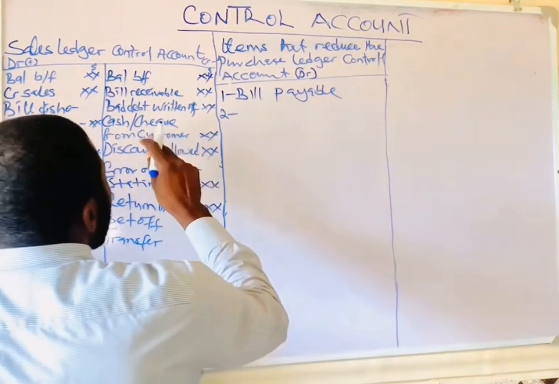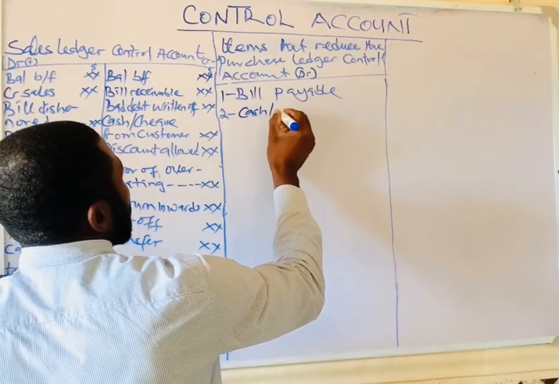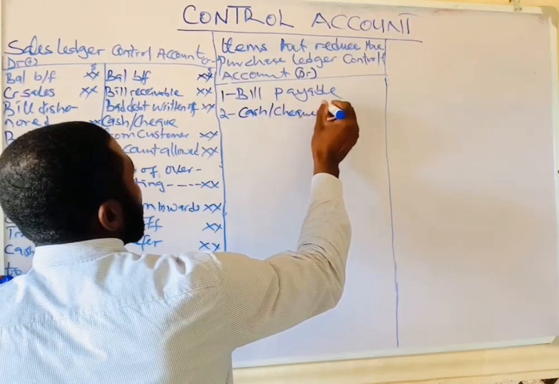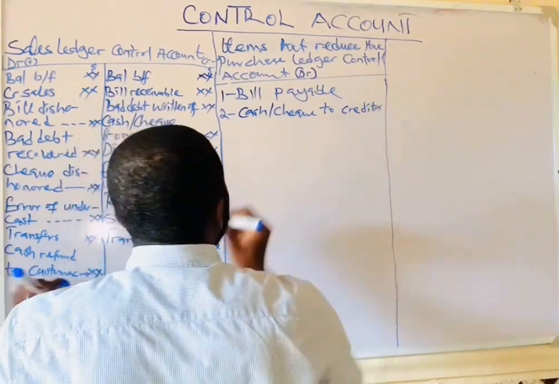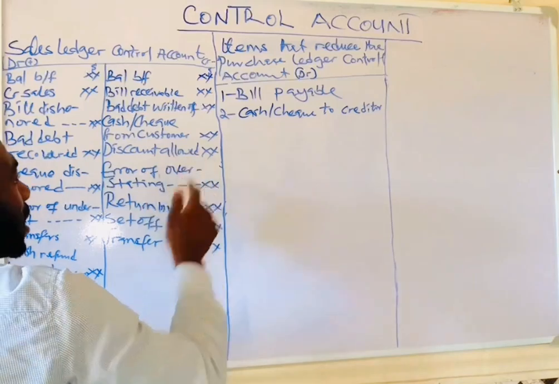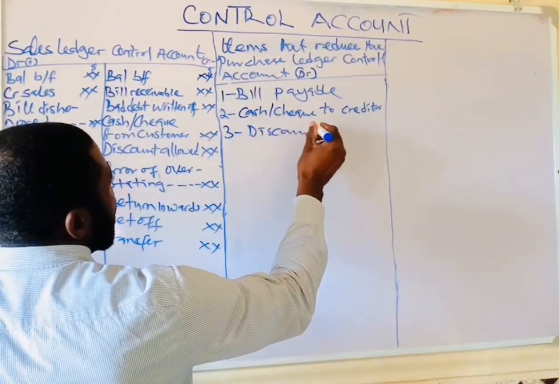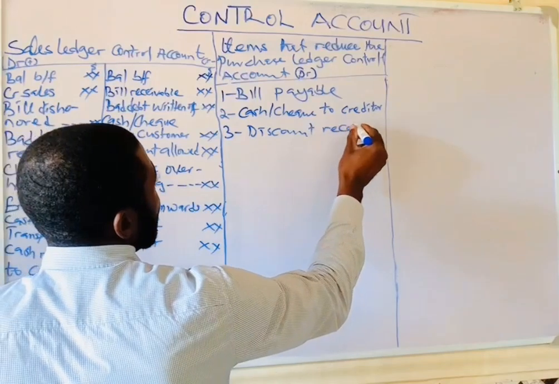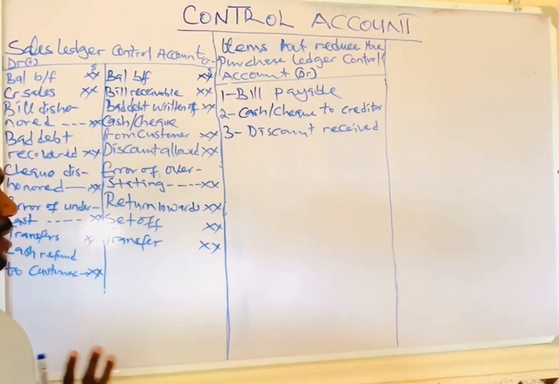The next will be cash or check to creditors. I hope you are getting it. It's the same thing. Here will be discount received. I hope you're following. Control account is very simple.